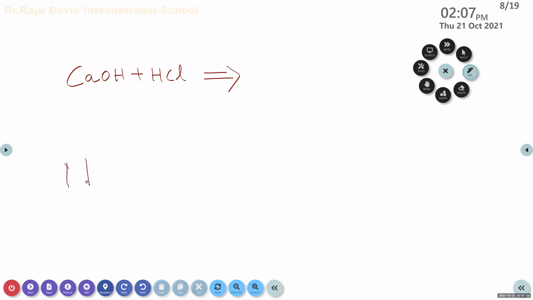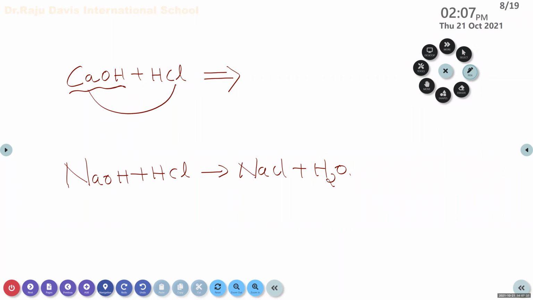Try to correlate it with NaOH plus HCl gives NaCl plus H2O. Similarly, here we have another base, calcium hydroxide, CaOH plus HCl gives CaCl, very good.